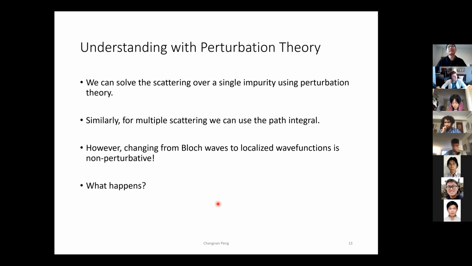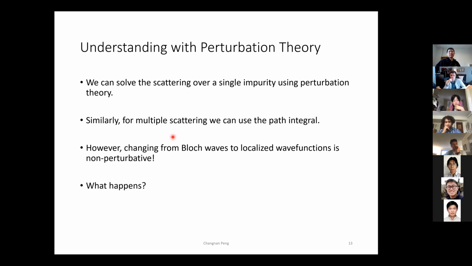So how can we understand this with perturbation theory? We can think of a single impurity bringing up some potential, and the Bloch waves are scattered from the single impurity. This we study in quantum mechanics class. And for multiple scatterings, for a density of impurities, we can use the path integral methods.